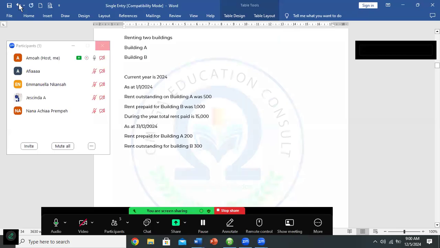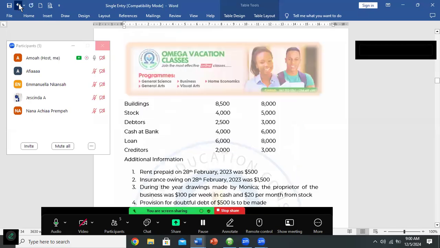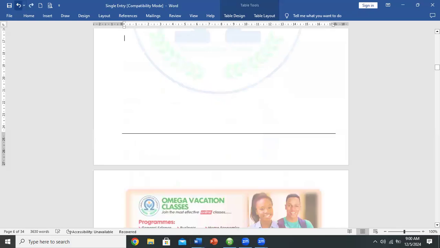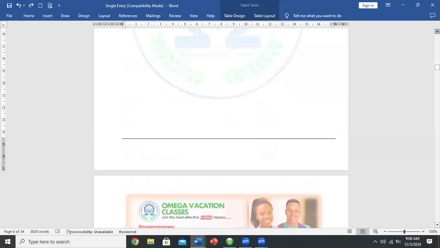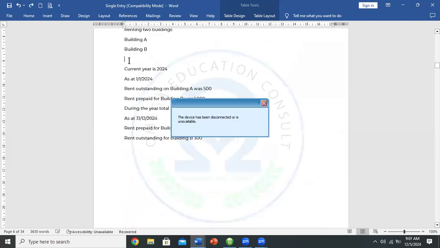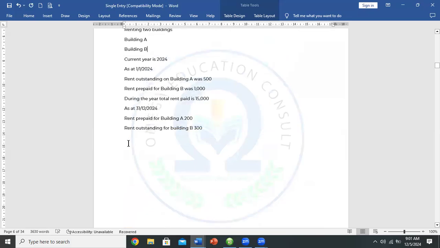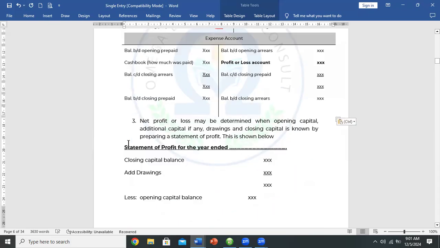Why is this thing messing up? Okay, let me insert it somewhere here. Is it because it's very big? Okay, so professors, let me see if I can put it on the next page.